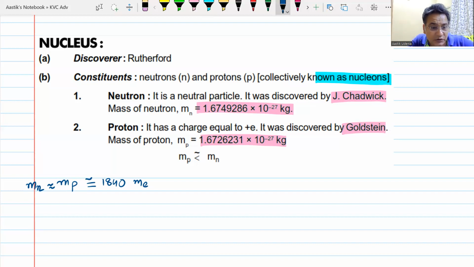And then how do you represent an element or an atom?